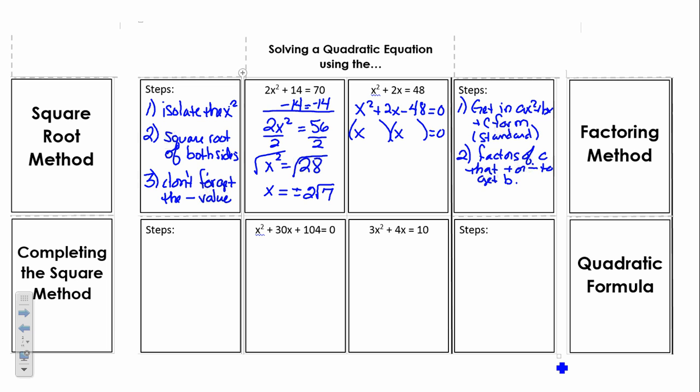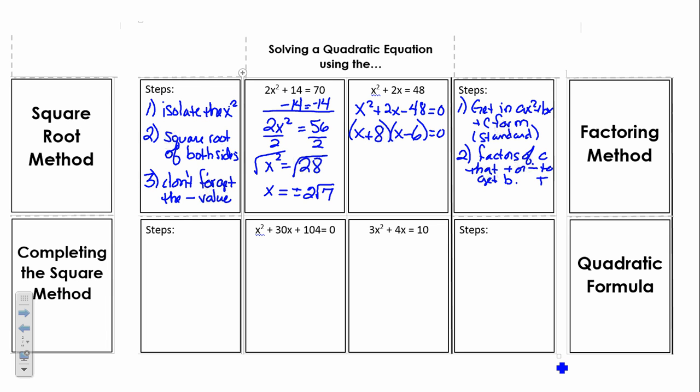Or you can make your t-chart. Okay, if that works for you, make your chart. If that's your preferred method, put that in instead. So factors of 48 that can subtract to get to 2: 8 and 6. So you write your 8 and 6 in there. Good. We want the bigger one to be positive and the smaller one to be negative, so we get a positive 2 in the middle.